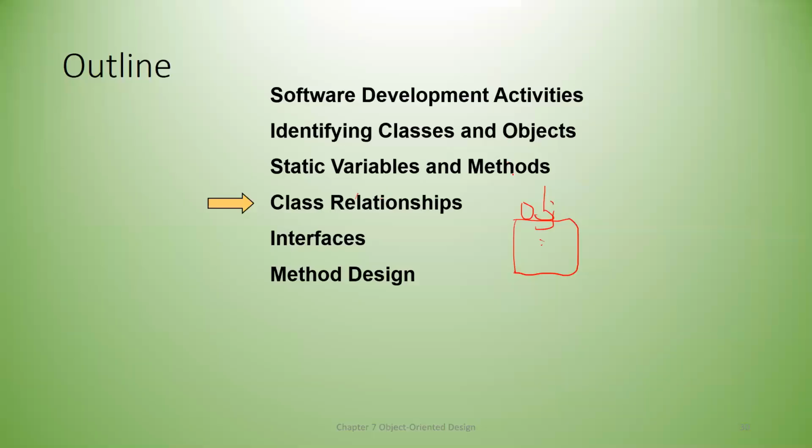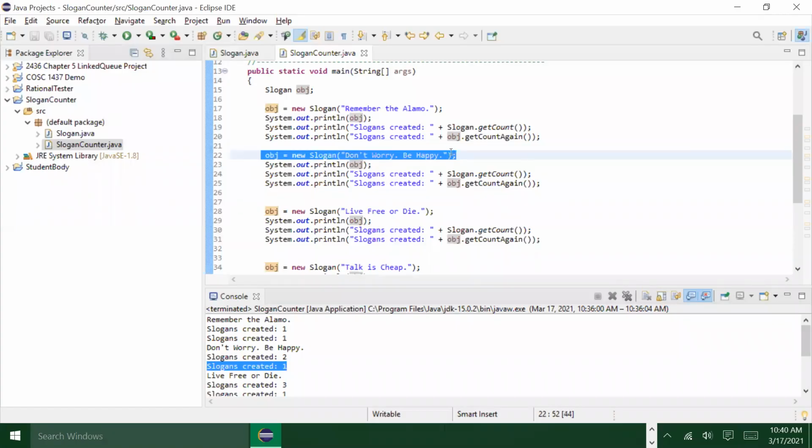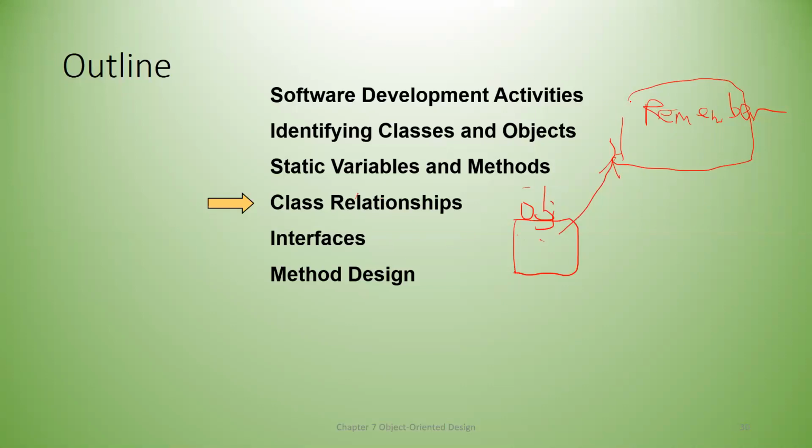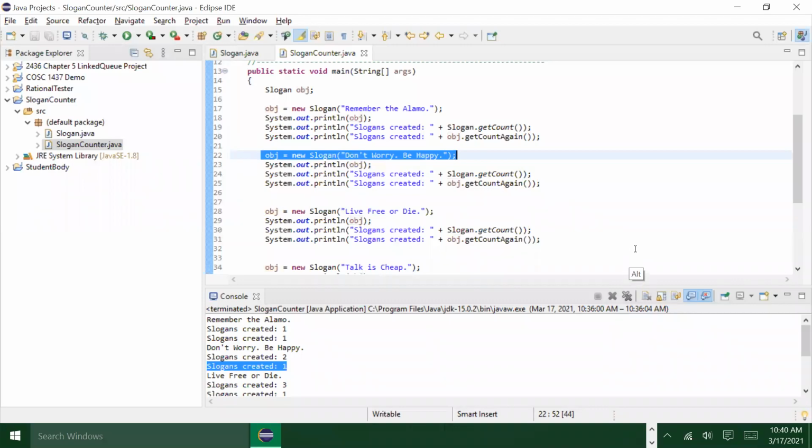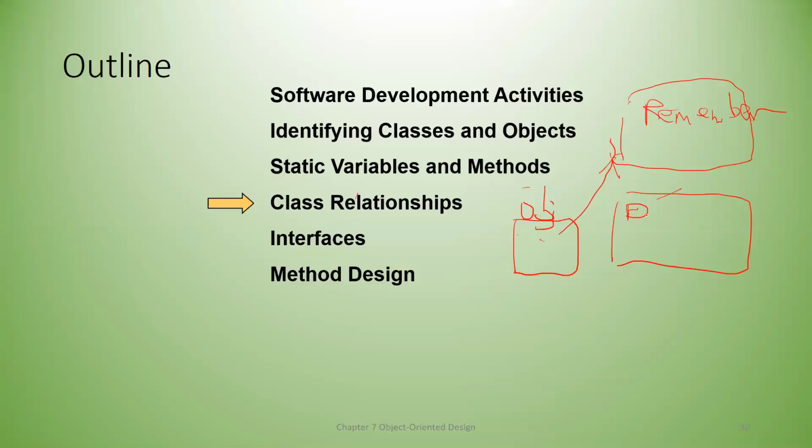Remember the element. The first time, object obj is just a reference variable, so its address is pointing to this. I will put that there so that you know which one it is. And then we do this, right? When we do this, we are creating a new object here, and this is not pointing there anymore.